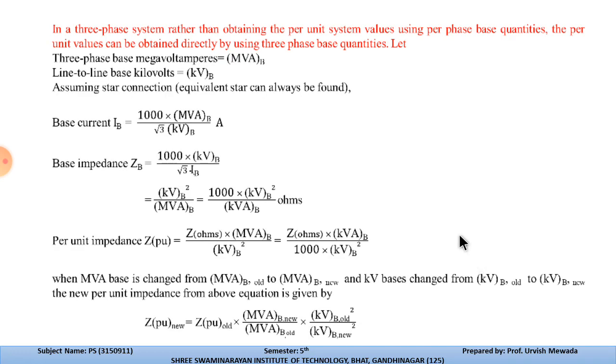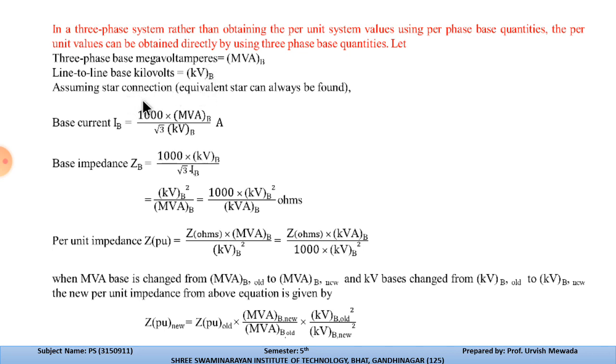So in a three-phase system, rather than obtaining the per unit system values using per phase base quantity, the per unit values can be obtained directly by using three-phase base quantities. Let us discuss the three-phase base megavolt amperes, MVA base, and line to line base kilovolts, KV base.